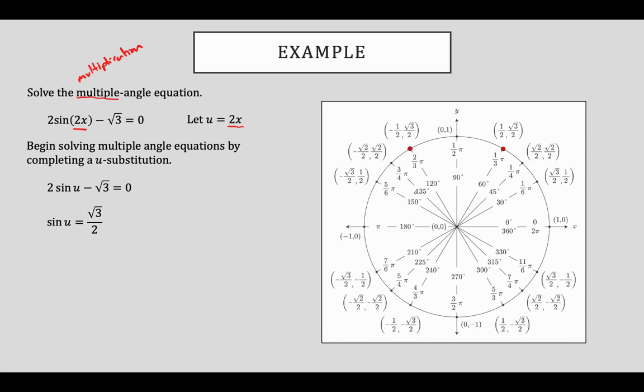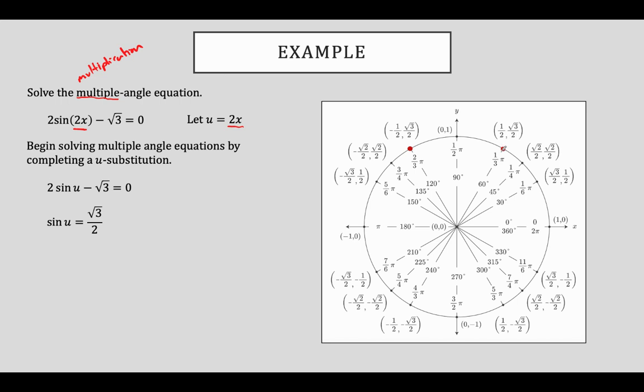These are the locations of our two solutions. But notice that there are going to be an infinite number of solutions to this equation. We're not just looking for solutions on a particular interval, which means that I need to account for every single possible angle that terminates in the same location as pi over 3 and every angle that terminates in the same location as 2 pi over 3.